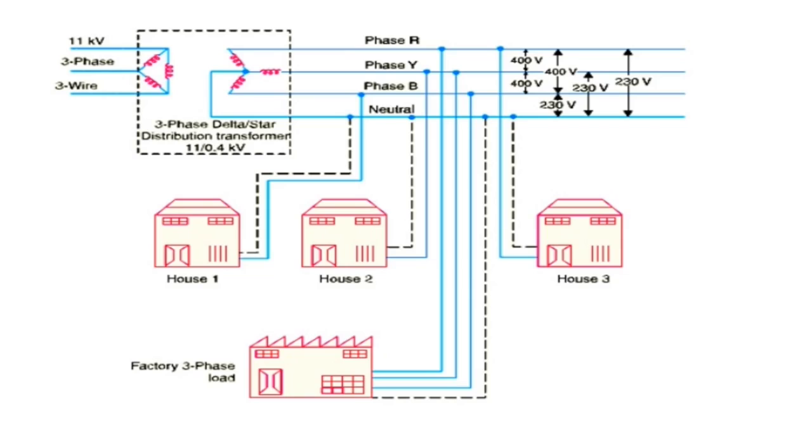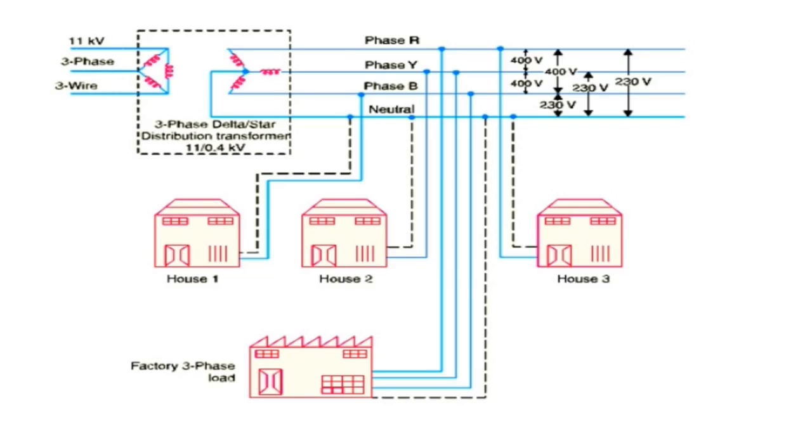Now in this picture you can see the 4-wire system. In this you can see phase R, phase Y, phase B and neutral. R stands for red, Y stands for yellow and B stands for blue. These three phases are live phases, and the bottom line is the neutral.